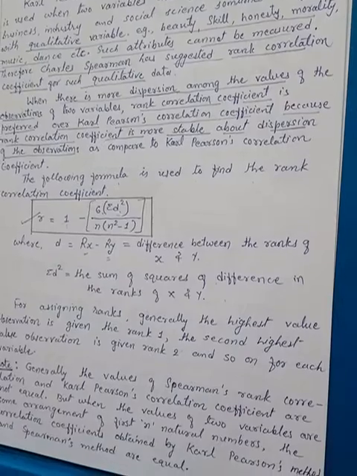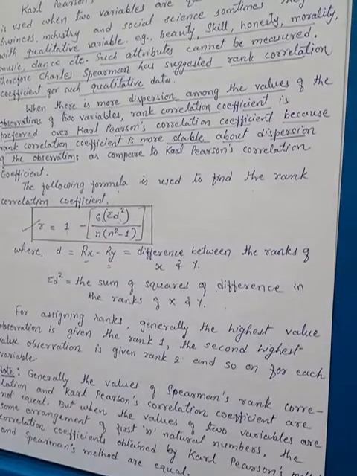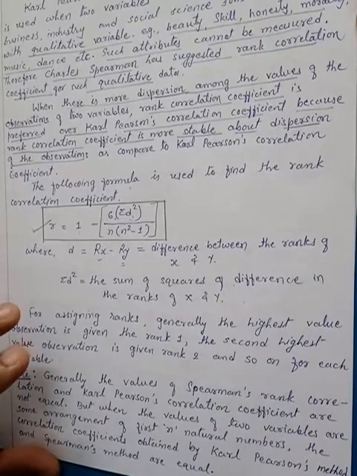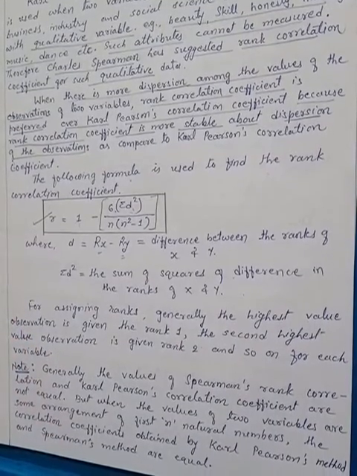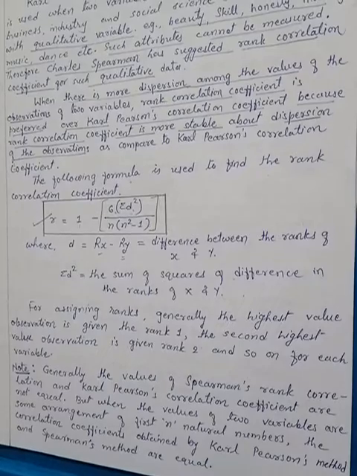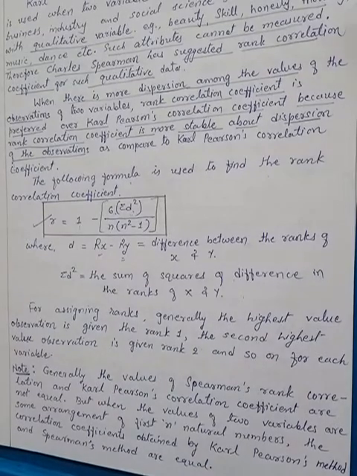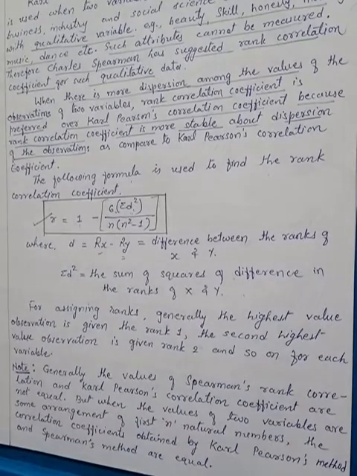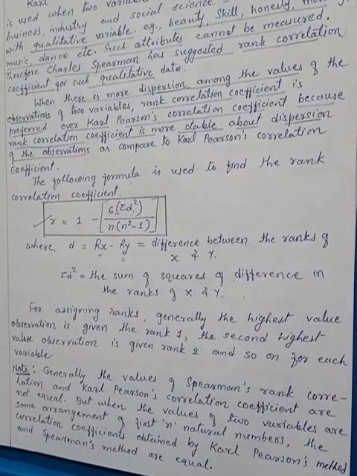Now, as we have discussed, we are going to assign ranks to the observations. How we are going to assign the ranks is discussed in the next paragraph. When you assign the ranks, the very simple thing to keep in mind is that first of all we will assign the ranks to the variable x only, that is, to the observations of only variable x. In variable x you have to find out which is the maximum value available.